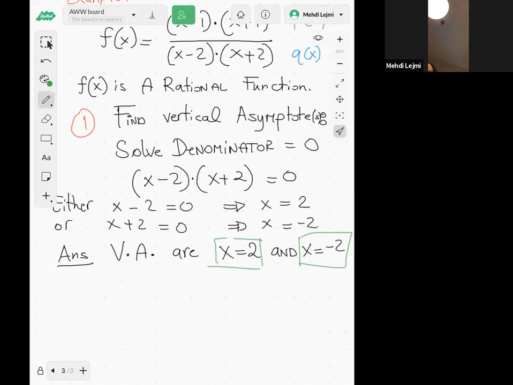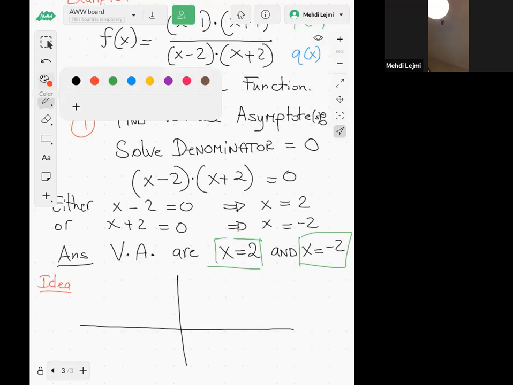So yeah, before the horizontal asymptote, guys, I'm going to just explain what we mean by x equal to 2 and x equal to negative 2 being vertical asymptotes. So like you have your graph, this is x equal to 2, and this is x equal to negative 2, right?